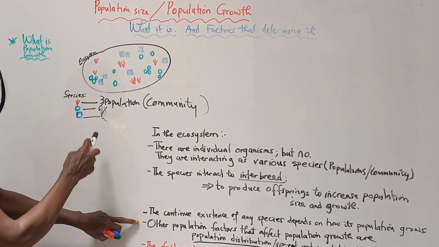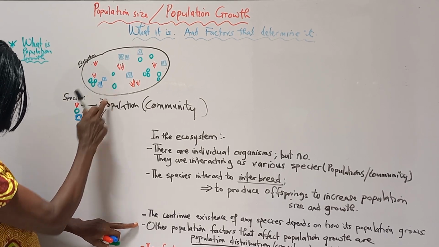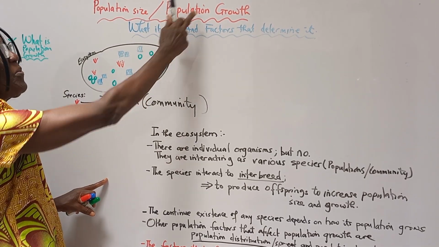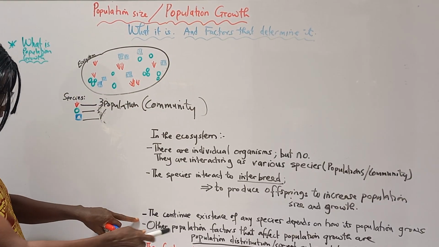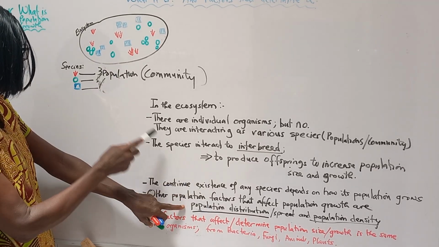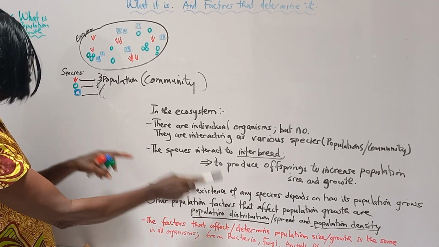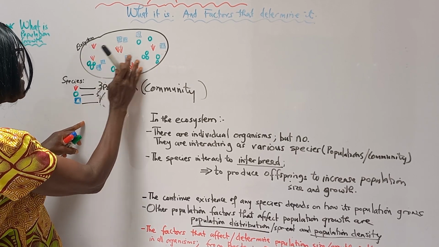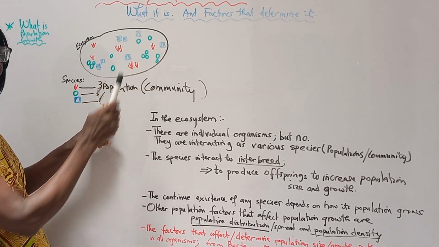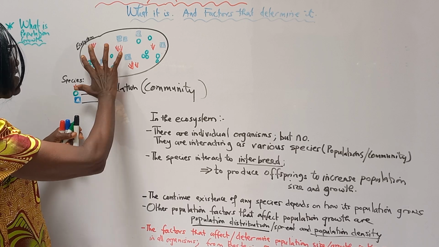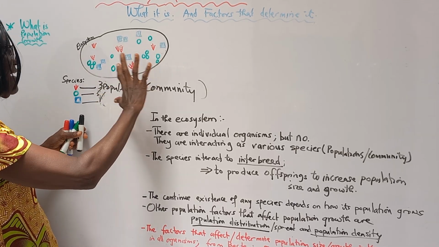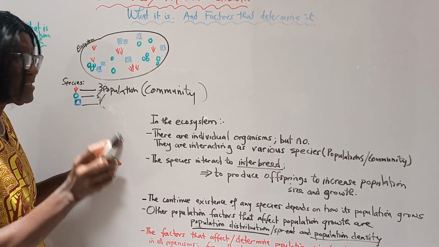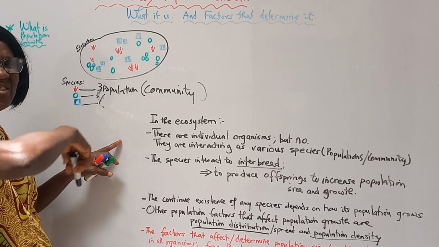Now, besides the population size that gives an indication of the population growth, there are other population factors. The other population factors we are looking at include population distribution. So this population, how spread is it, also affects growth, because if the population is all in one place, interaction to interbreed will be different from if they are scattered.